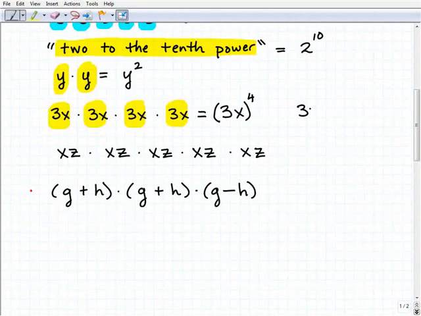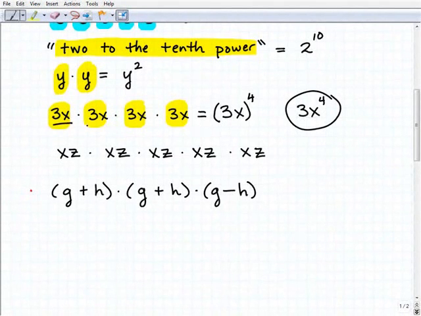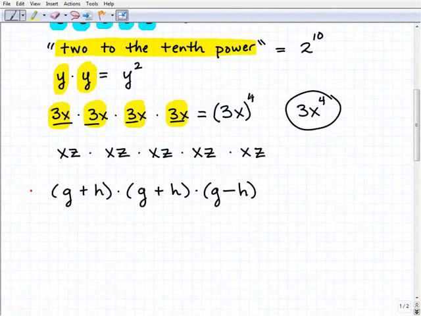Because here, 3x to the 4th, this is actually not technically correct. I'm not going to go into it right now. We'll get into that later on. So just know right now, when you have these variable terms, where there's more than one variable, especially with a number, get in the habit of putting parentheses around it, just like this.